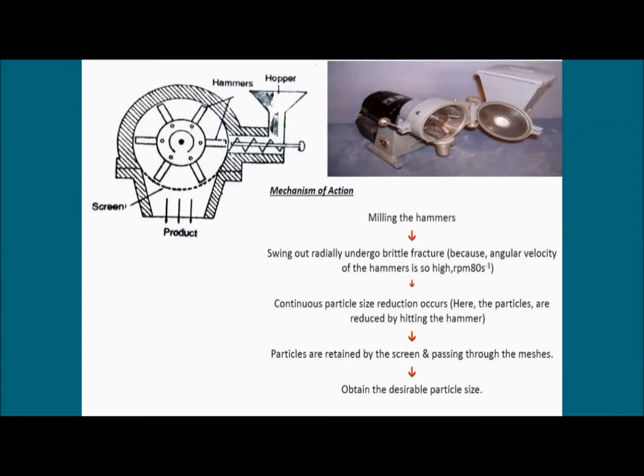Moreover, continuous particle size reduction takes place here, as particles are reduced by hitting the hammer, and once the particle has broken down it comes through the screen. It gets collected in this particular chamber, from where the product can be obtained.